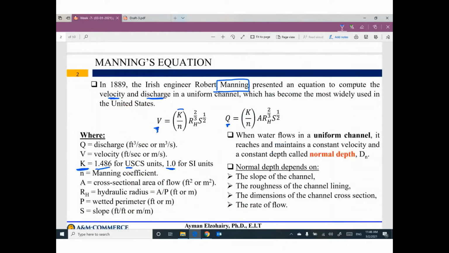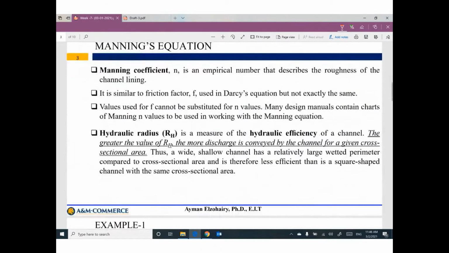So this value of K is a constant, based on the units you are using. US units, this value is 1.486. If you are using SI units, be careful, it equals 1. n, called the Manning coefficient, will be given. The Manning coefficient is an empirical number that describes the roughness of the channel lining.